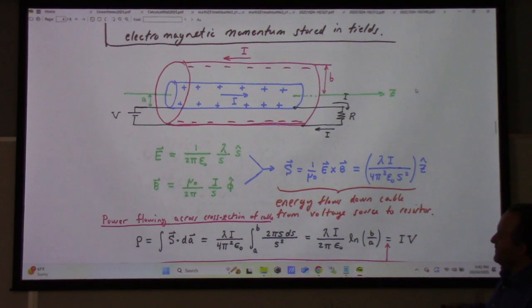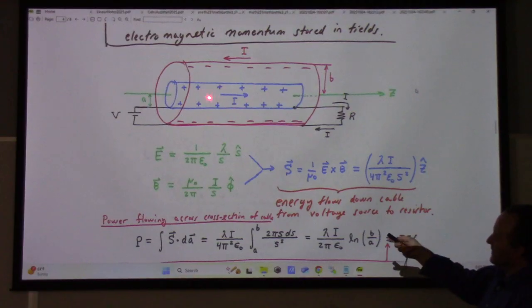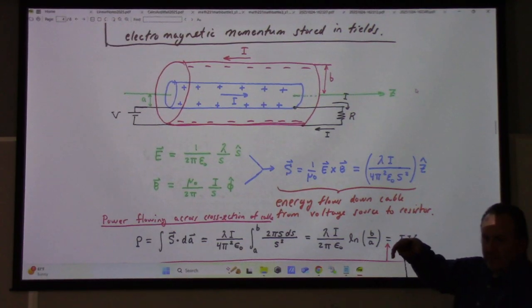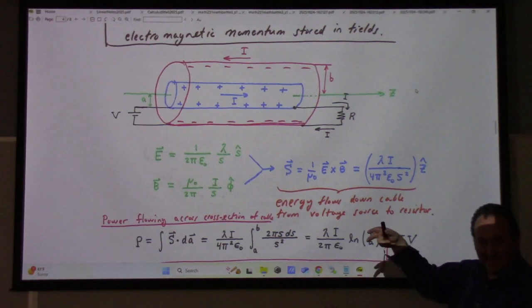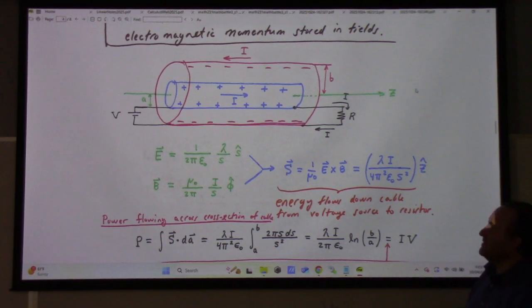All right. So the electric field is given by the usual 1 over 2 pi epsilon naught lambda over s, in the s hat direction, because it's just from the positive charge in here. It's just outward, and that's as far as it goes because the electric field stops at the negative charge, so the electric field is 0 outside. It's just in there. And we're ignoring any kind of fringing effects.